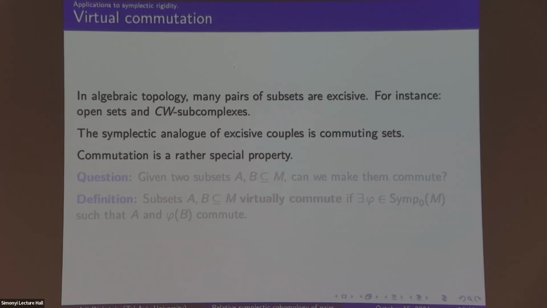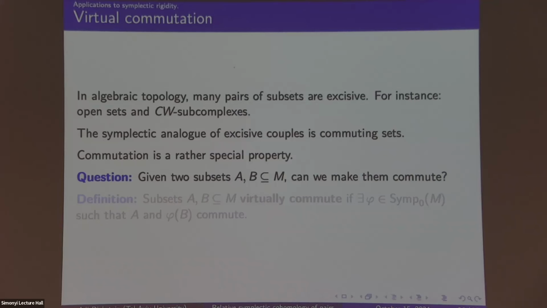What is a commuting set? Closed subsets commute if there are commuting functions such that your sets are exactly the zero sets of these functions. And for open sets, we take the complement. Okay, thank you.